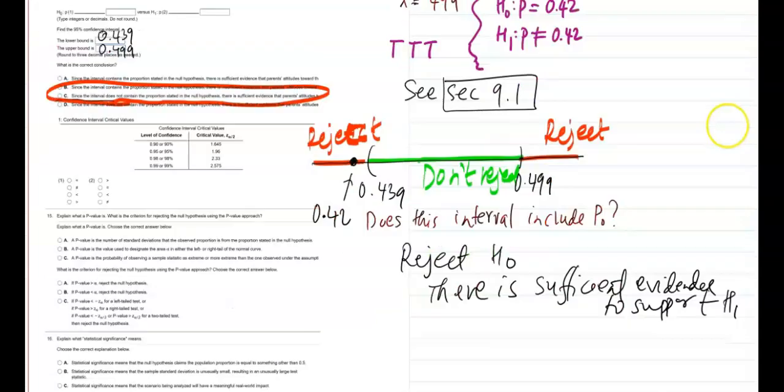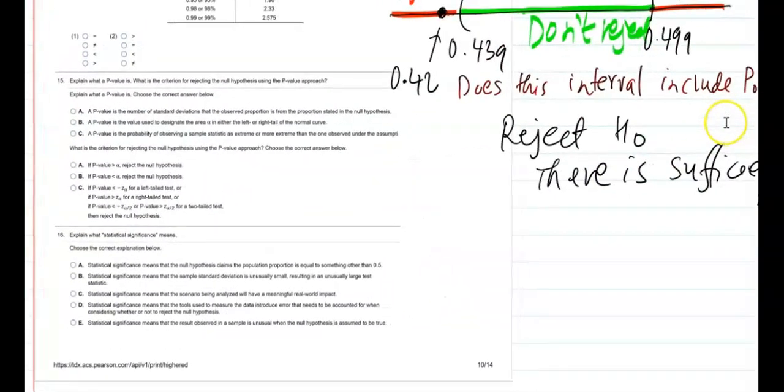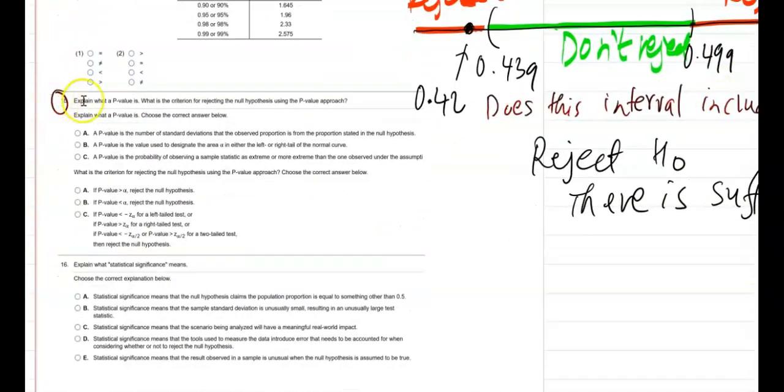Okay, numbers 15 and 16 are the definitions, the last two questions. Number 15 is to explain what a p-value is. What's the criteria for rejecting the null hypothesis using the p-value approach? Again, you have to read the definition for the p-value in the notes or PowerPoints. The p-value is the probability of observing a sample statistic as extreme or more extreme than the one observed under the assumption.